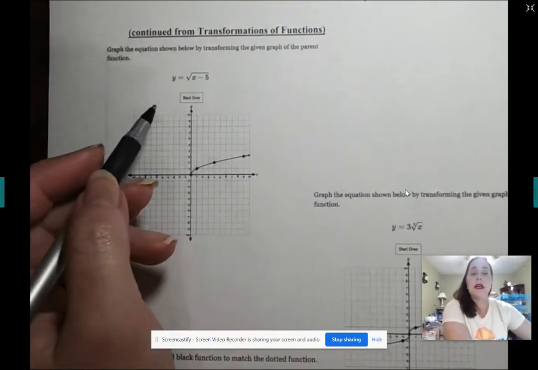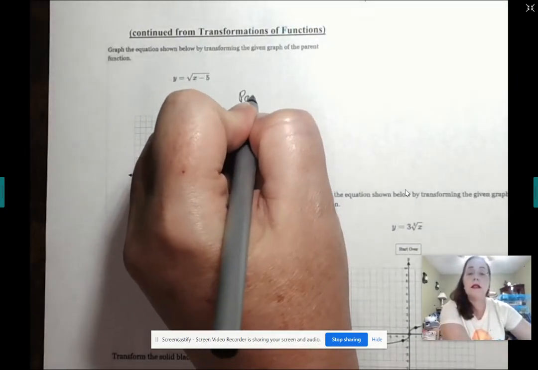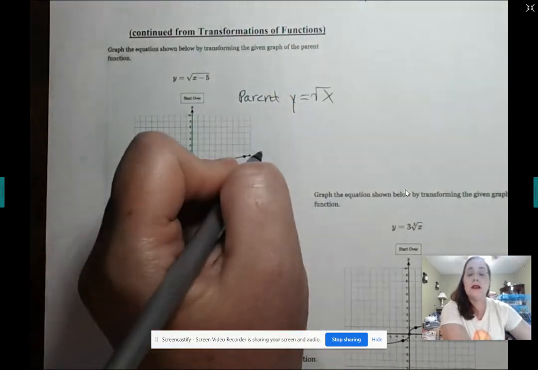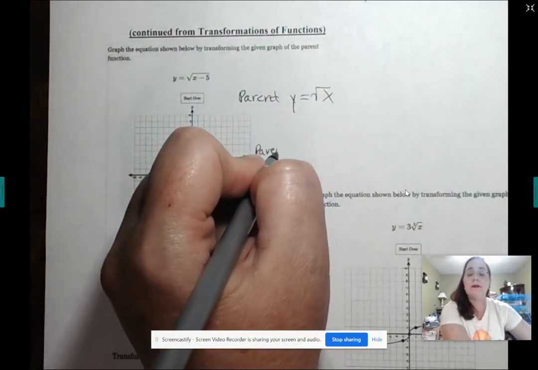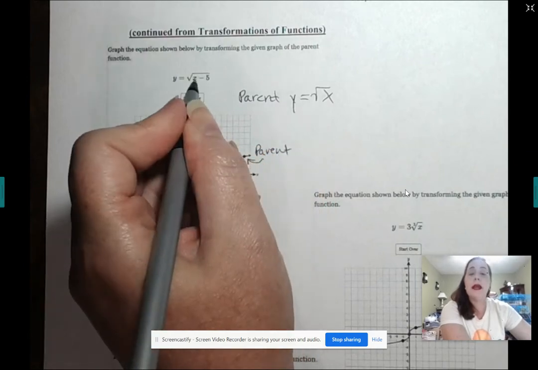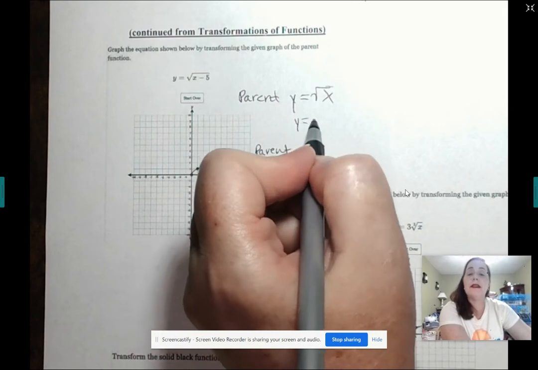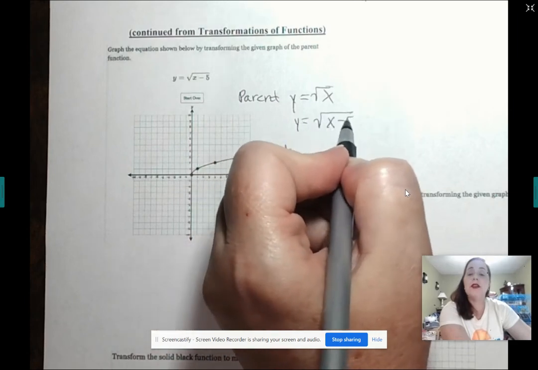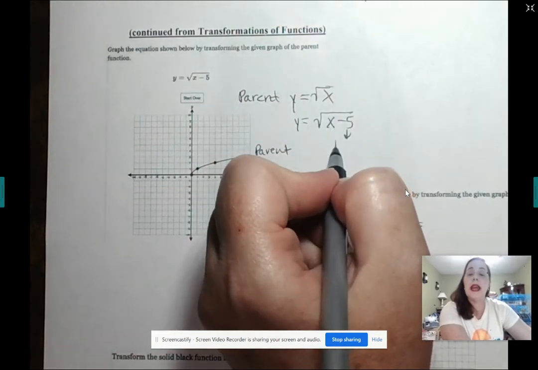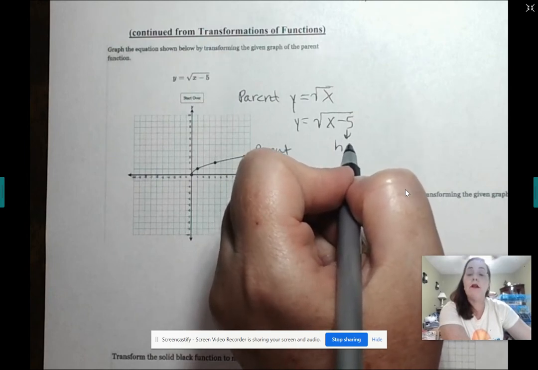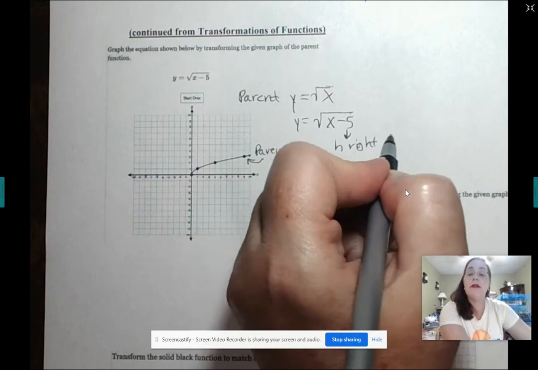If you look at this, this is a square root graph. The parent is graphed for you. That's what we see here. This is the parent. If we put a -5 inside the square root with x, that is an h change. And so that means that h is moving the graph right 5.